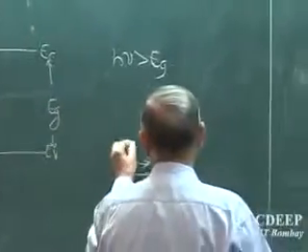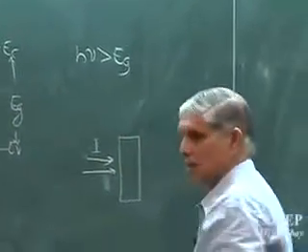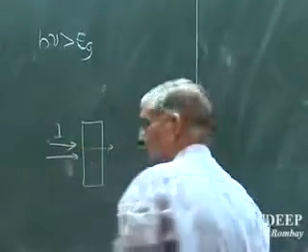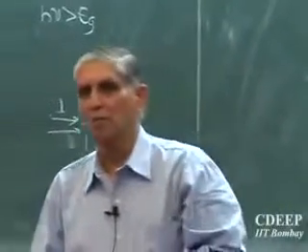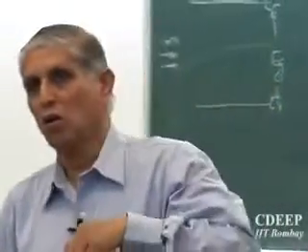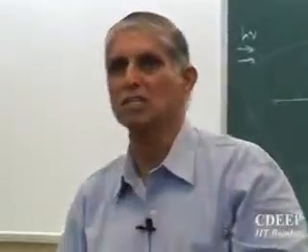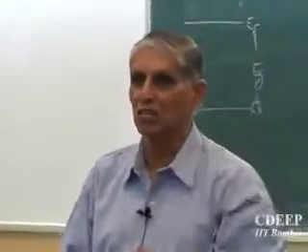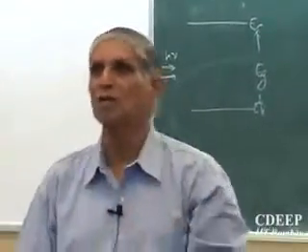If this has an intensity I, the intensity of the photons which come out may not be the same. It is also possible in some crystals that the wavelength which comes out may not be the same as the initial wavelength.